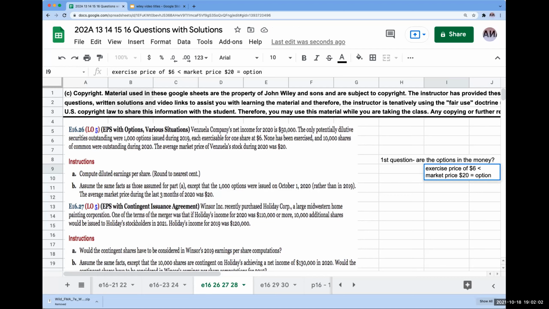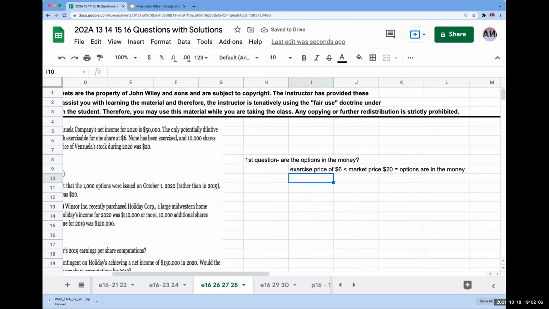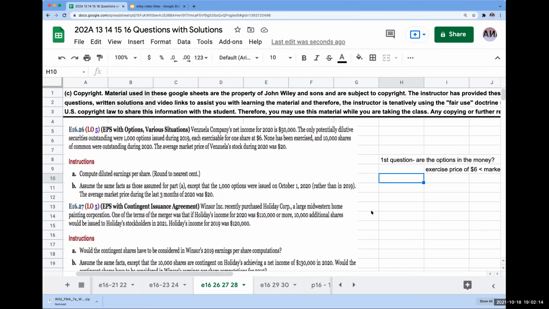So these options are in the money. If they're in the money, meaning that a normal person would go ahead and exercise these options, they are going to be dilutive.